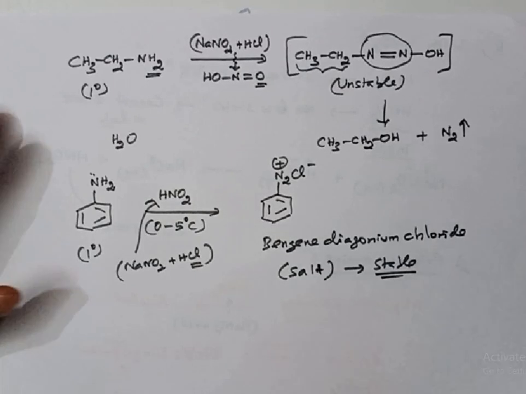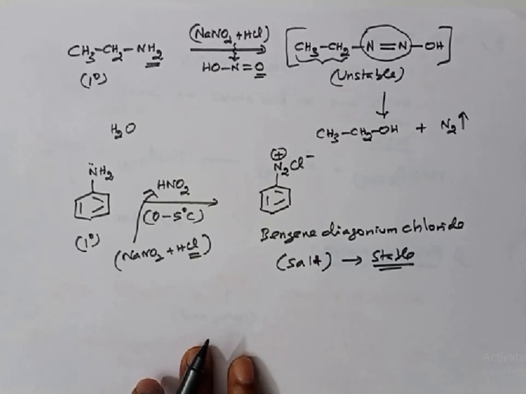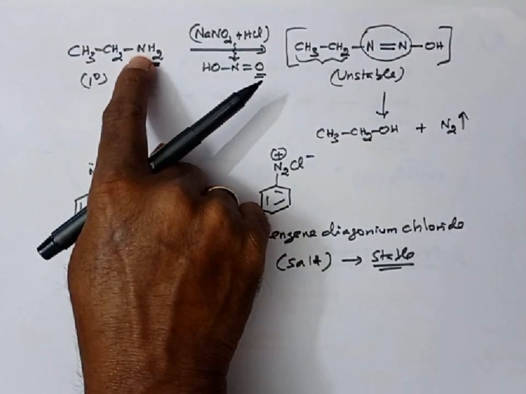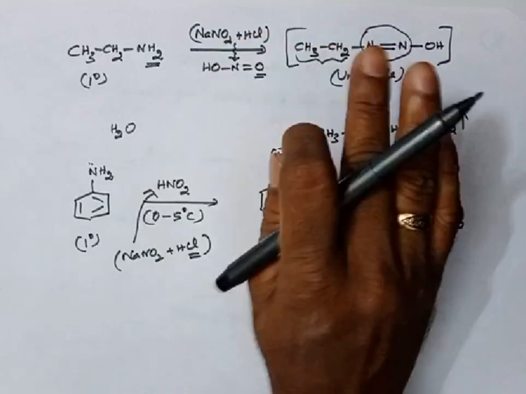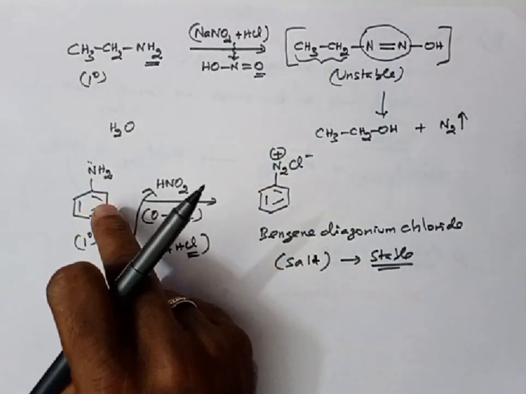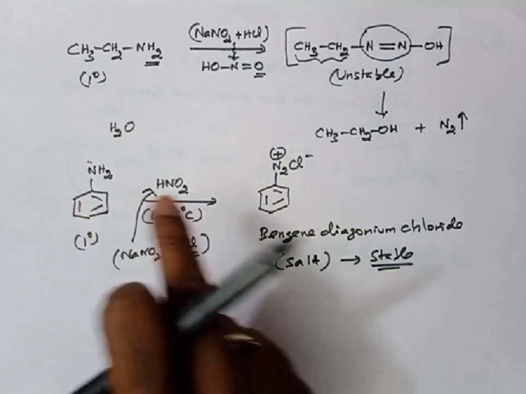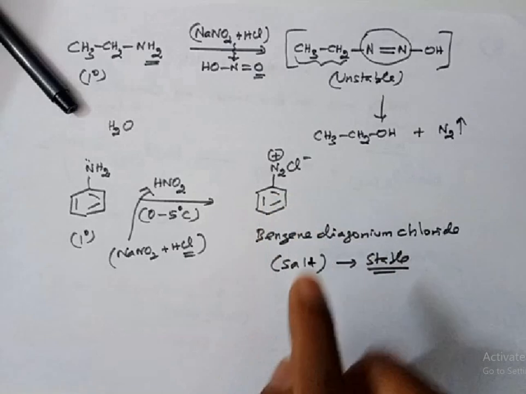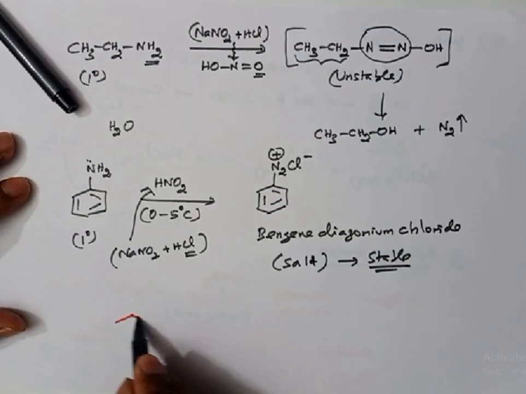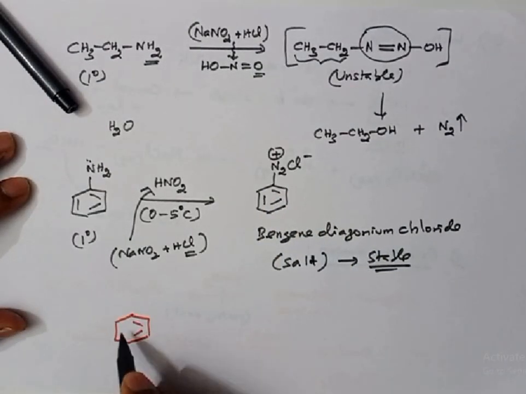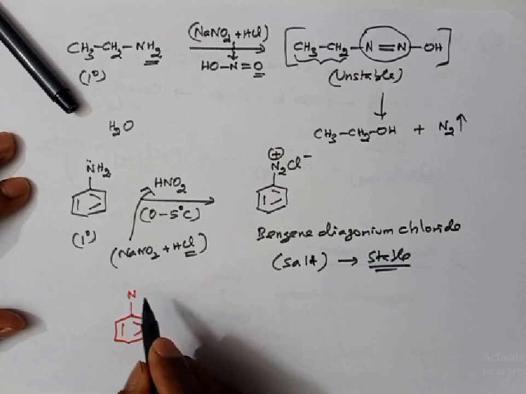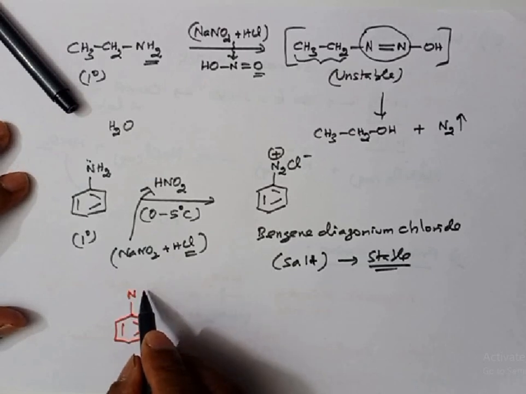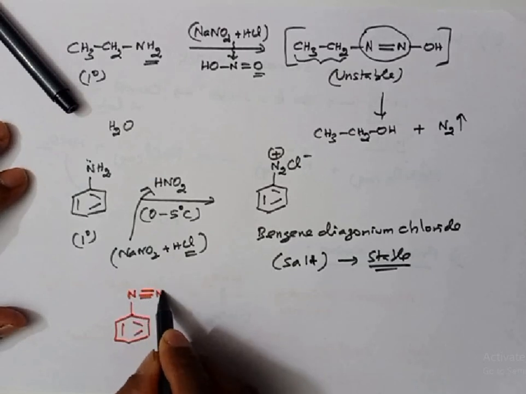It's a stable salt. So with aliphatic primary amine, the diazo product is not stable, whereas with aniline, the diazotized product is stable, students. What is the structure of benzene diazonium chloride? Let me write here. Benzene diazonium, N triple bond N plus.